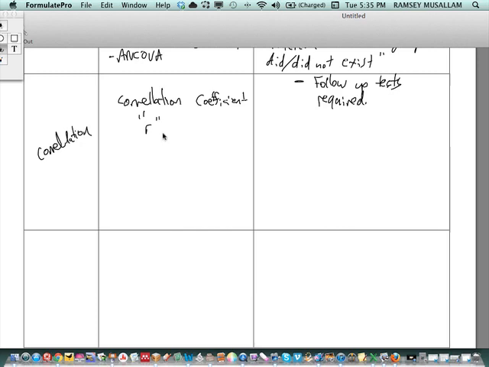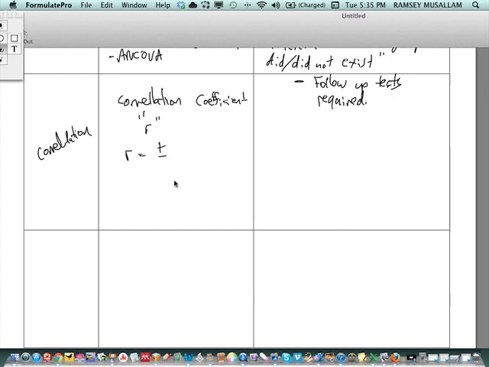Okay, I'm not gonna have you write that. Now, what are the two values a correlation coefficient can be? Any ideas? 1 and 0. Okay, close. It could be between 1 and 0, but you can also have positive and negative correlation coefficients, right? So correlation coefficients can be positive or negative.